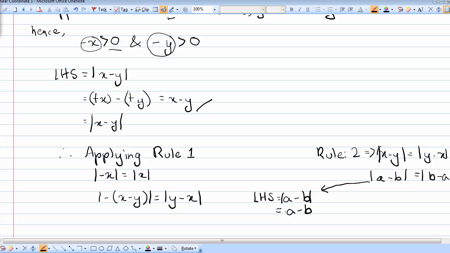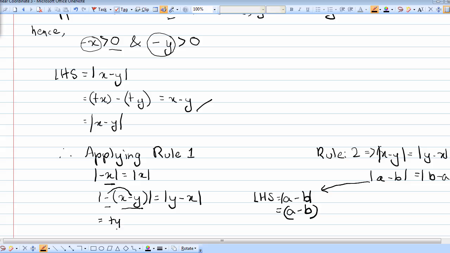So this a minus b, without these bars, we can now apply this entire a minus b contained inside this bracket inside this x. So this gives us something like minus x minus y, and hence when we open up the bracket inside these bars, then we can see that minus and minus makes plus y.